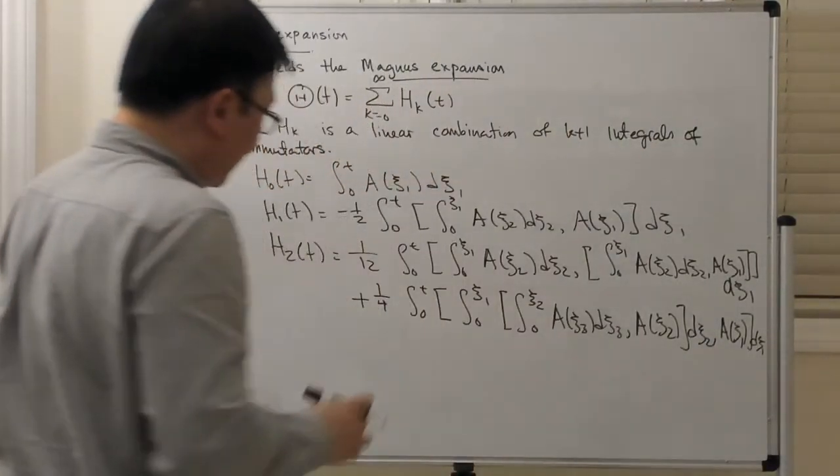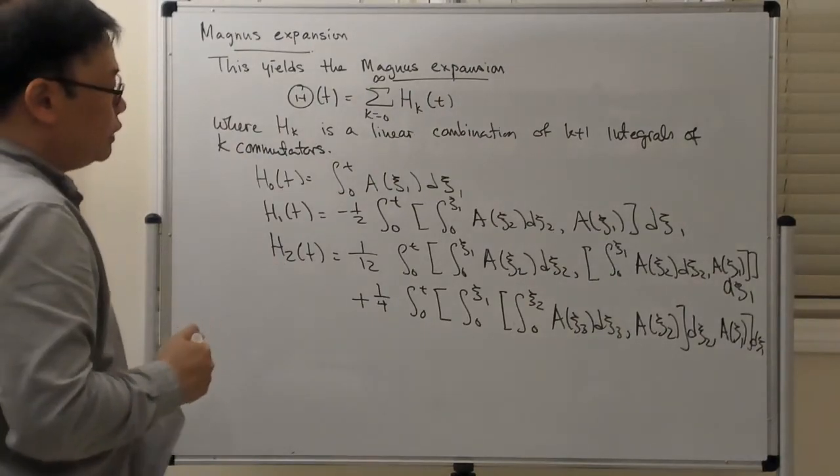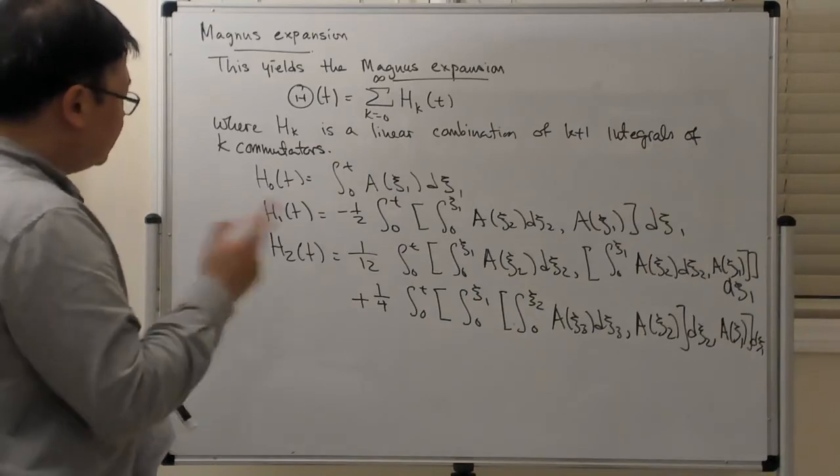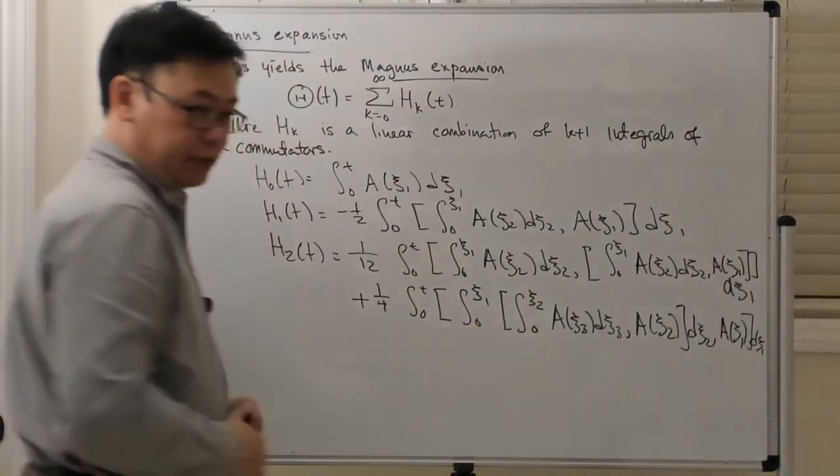Okay, so like the other term, this is k equals 2, so you expect three iterated integrals and two commutators. So you see two commutators and three iterated integrals.